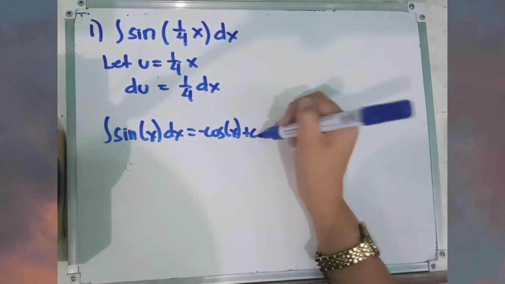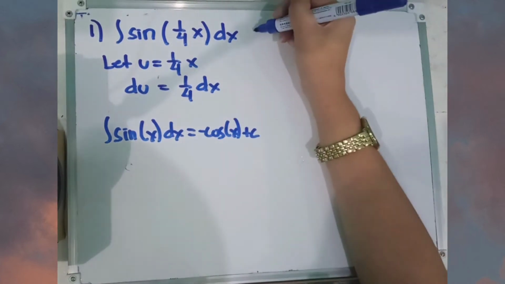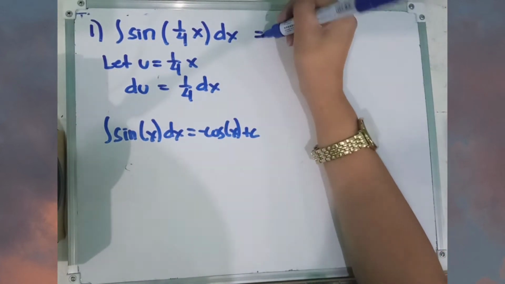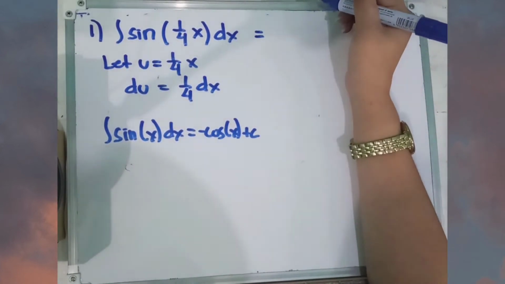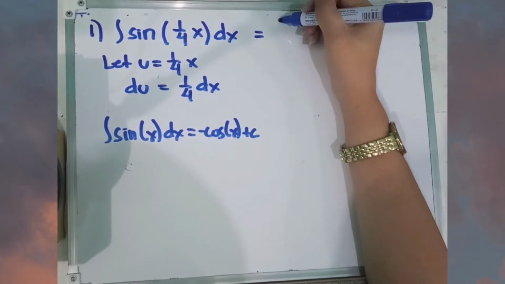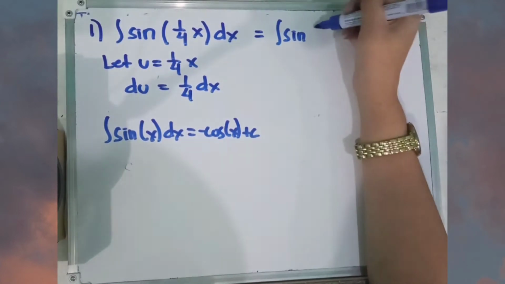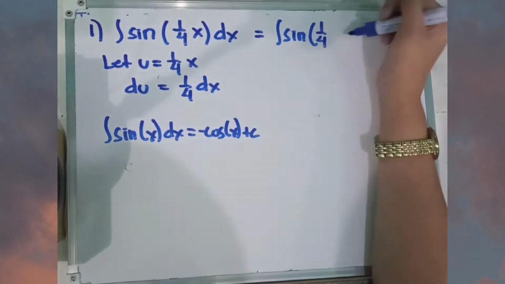So, let's rewrite the given function. That's the integral of sine 1/4 x, that's our u.